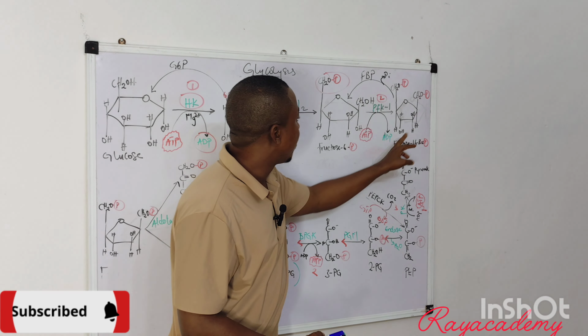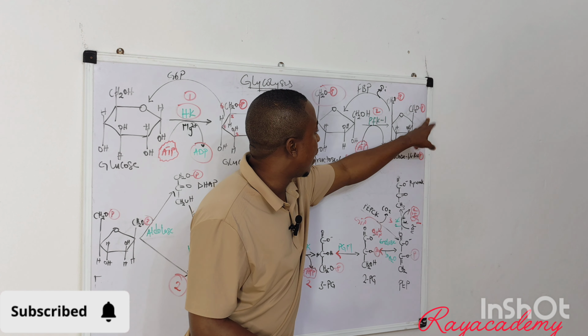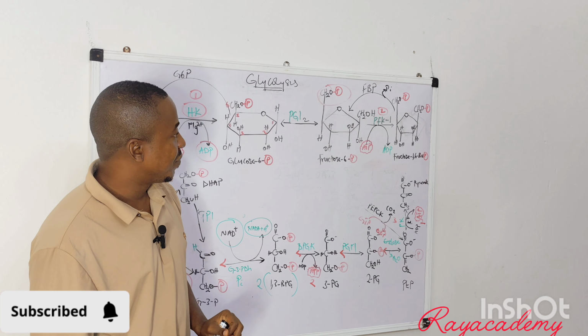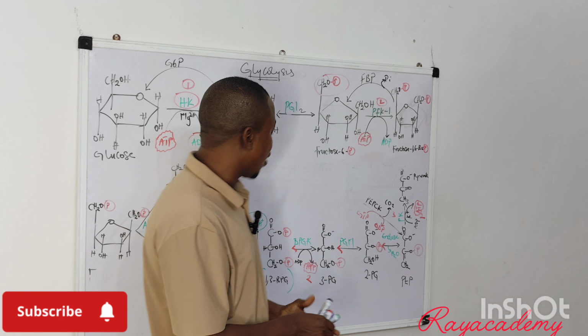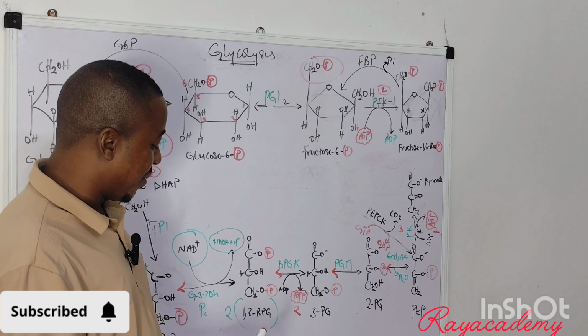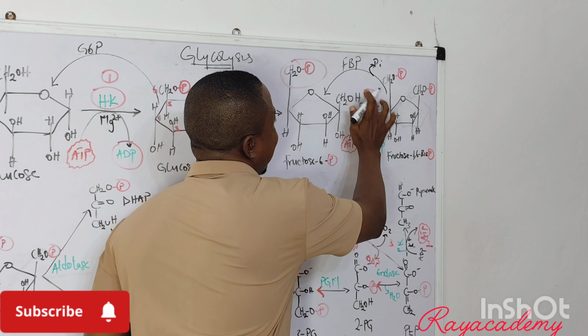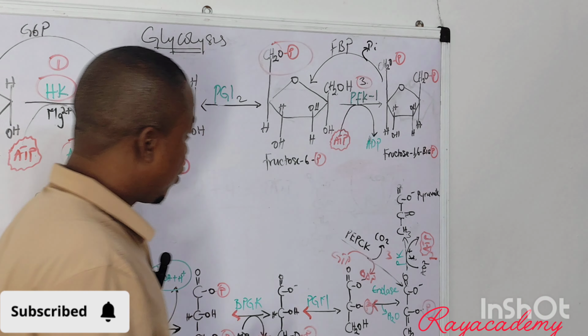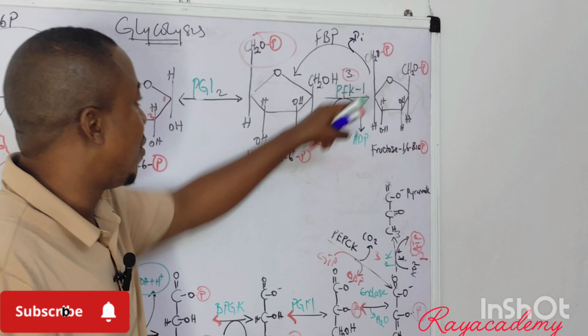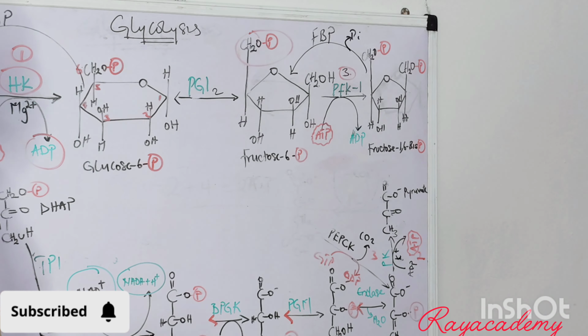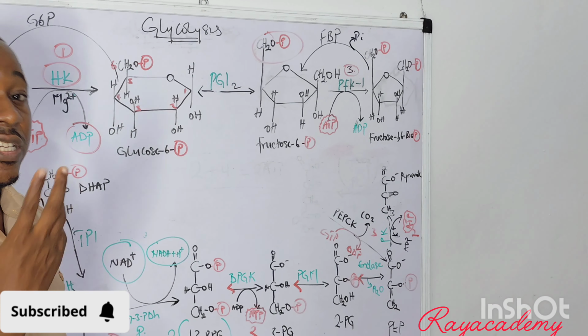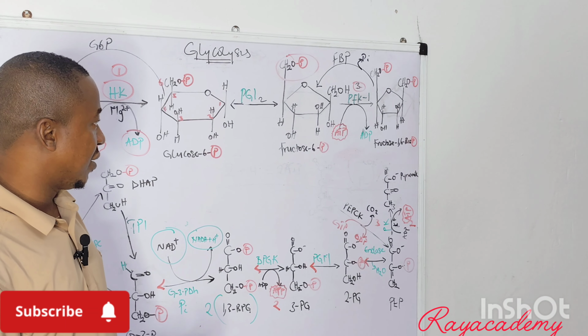So we have fructose 1,6 bisphosphate. Remember, this reaction step, which is the third reaction, is irreversible. In order to bypass this step, we need to circumvent it using a different enzyme, but that will come into play when we explain gluconeogenesis.